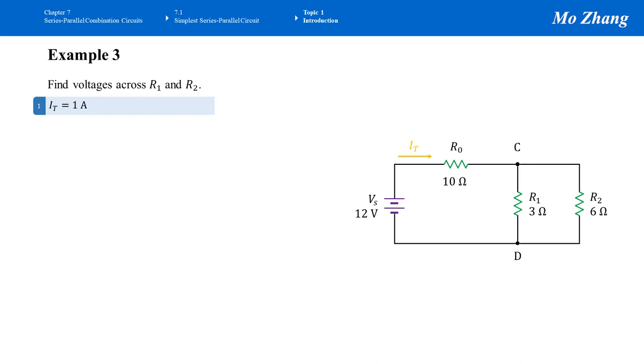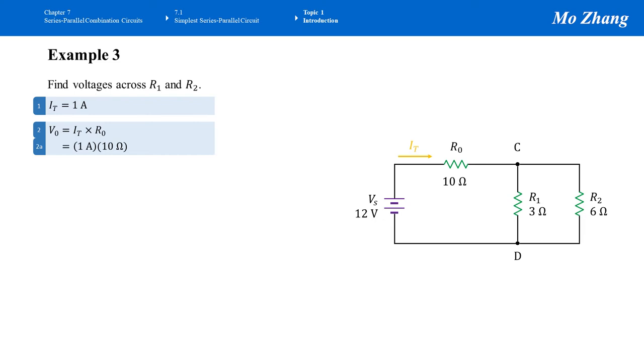From the Ohm's law voltage formula, the primary formula, we know V equals to I times R. So V0, the voltage drops on R0, equals to the main branch current multiply R0.